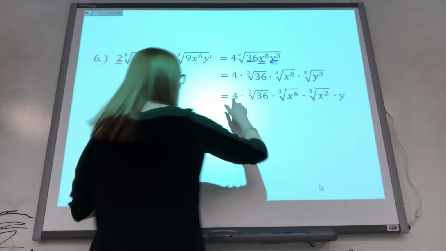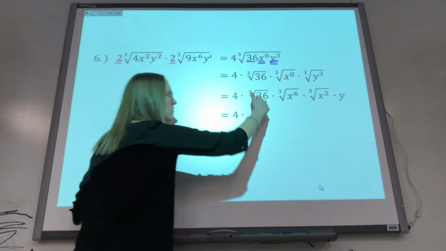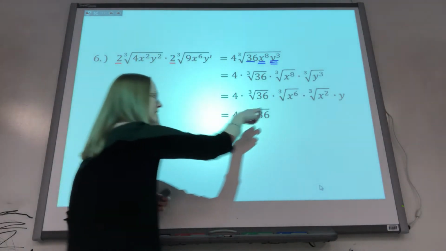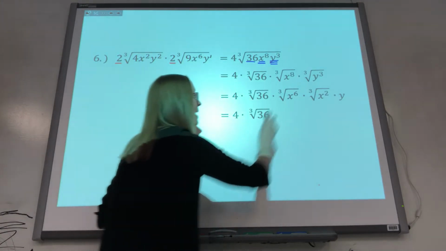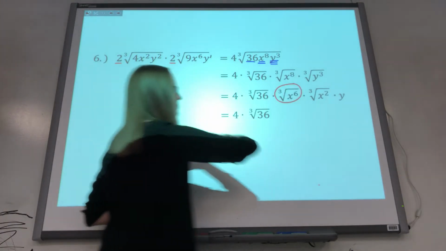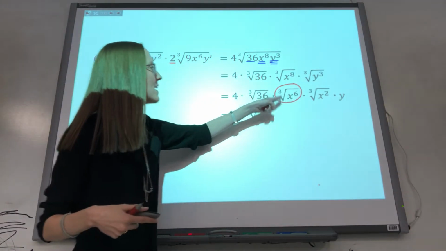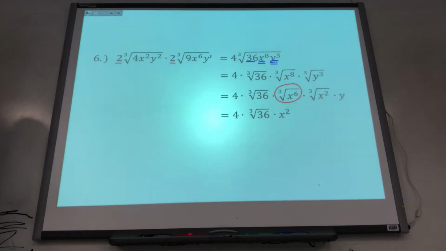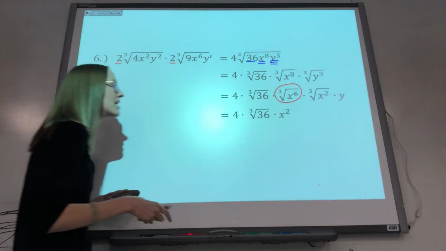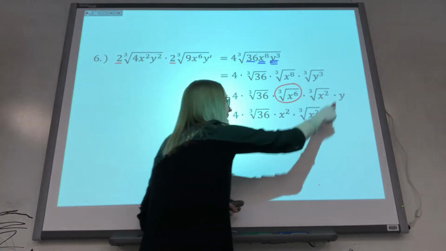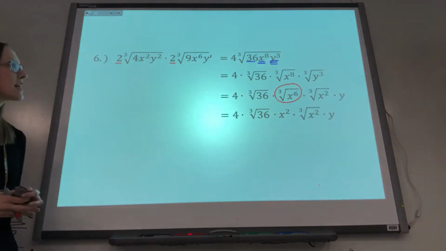So I'm going to leave the 4. I'm going to leave the cube root of 36. I still need to get that part simplified. Now I can take 6 divided by 3 to make that x to the 2nd power. And everything else I'm just going to recopy.